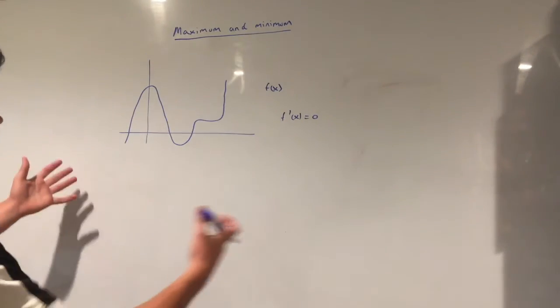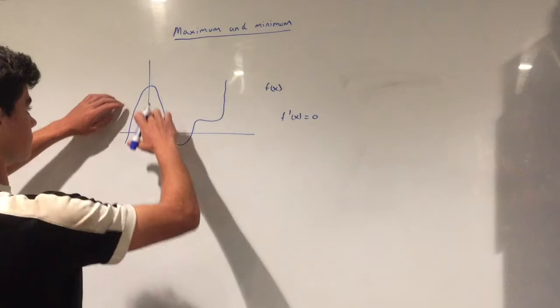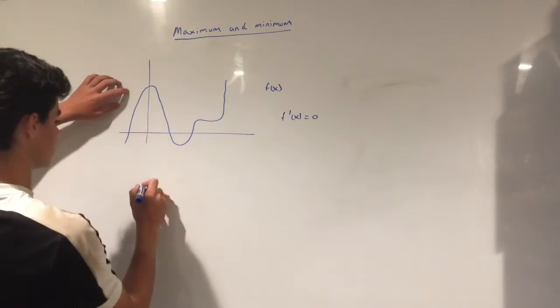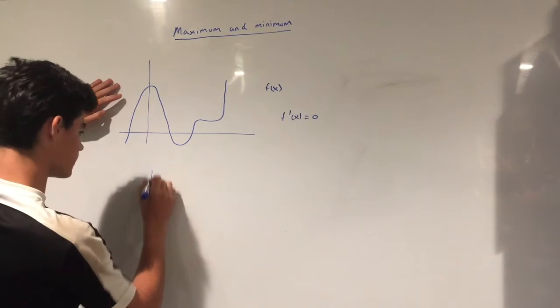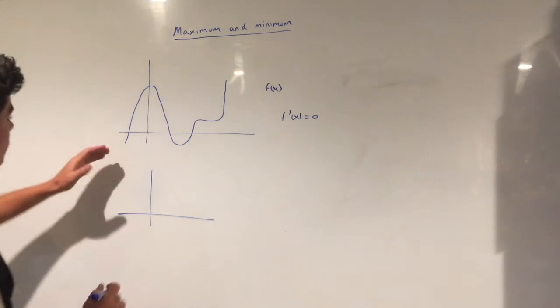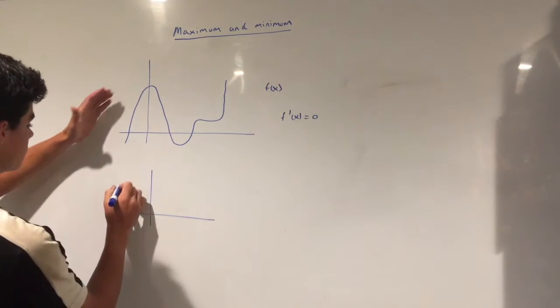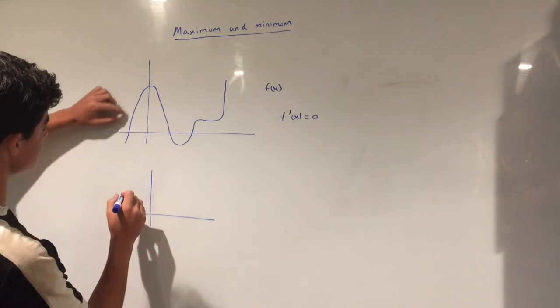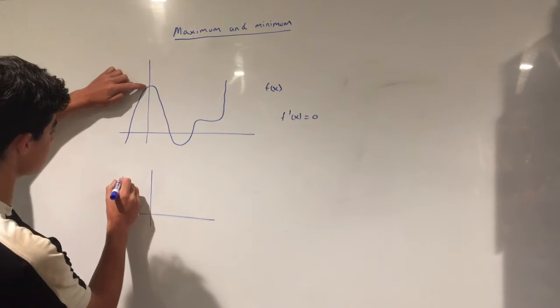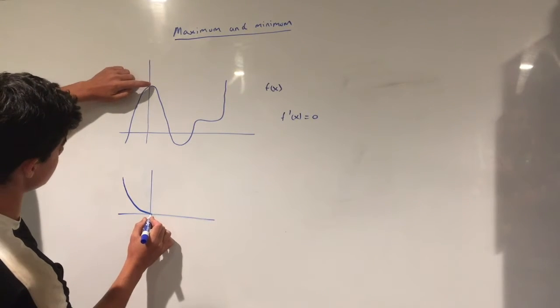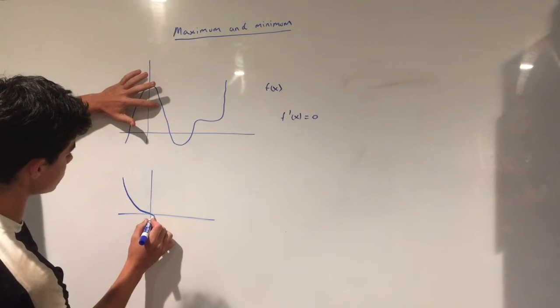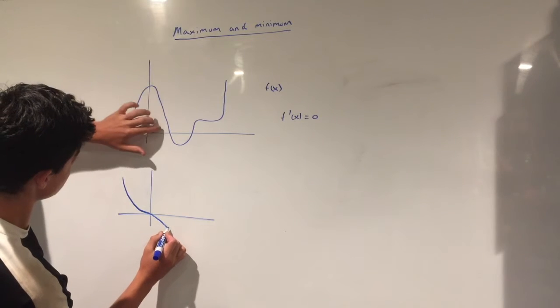So here we can see that if you draw out the graph of the derivative, we have a very positive graph. So very positive, but it's slowly decreasing to 0. Say it goes to 0 at 0, right? And it is a very negative slope, so it crosses there.